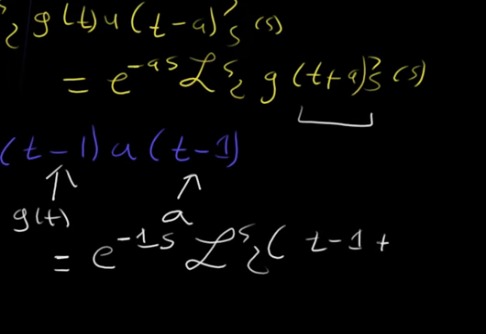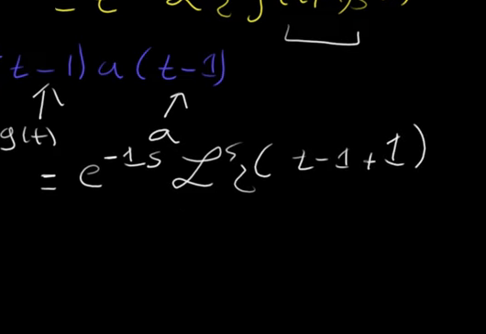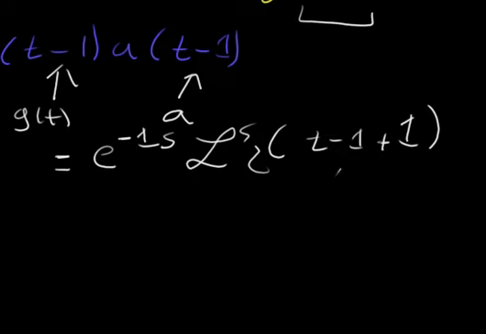What is our a? A we said is 1. Okay. As you could see, the a cancels. So these cancel out. Let me use a different color so it doesn't get mixed up. So these two cancel out.